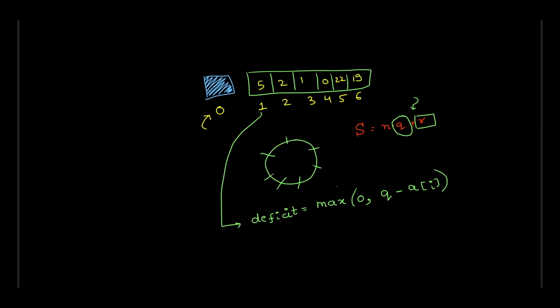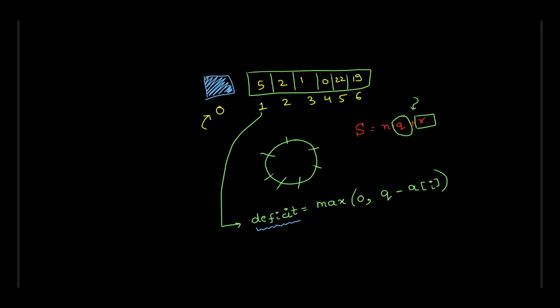Why am I taking the max? Because this deficit can be negative, meaning this box has some extra balls. But now the condition will become that this person needs this deficit.